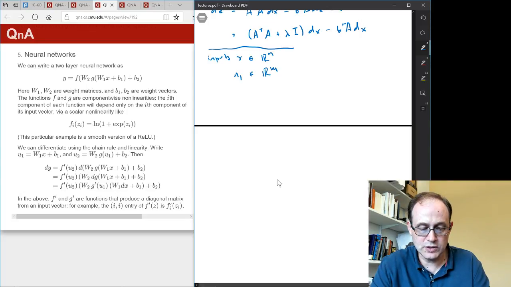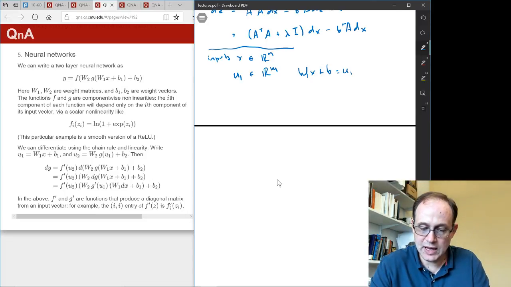And the way we're going to do that is we're going to take a linear function of x. So W1x plus b is equal to U1. That's a U. And my writing is messy today. There, okay.